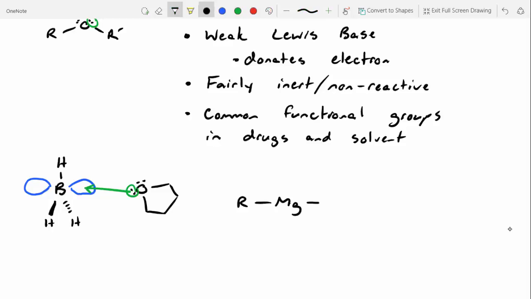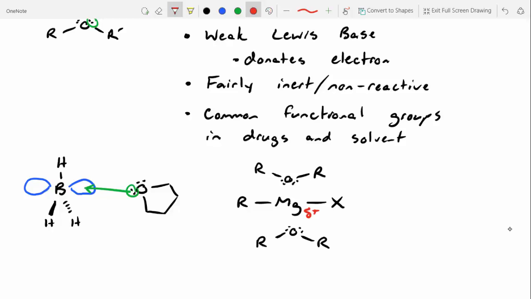Another situation where you see ether involved is from last chapter, where we've got a Grignard reagent. And I told you guys really briefly that oftentimes you run these reactions in ether solvent. Specifically, diethyl ether is pretty common. And the reason for this is that this magnesium has a really, really strong delta positive charge.